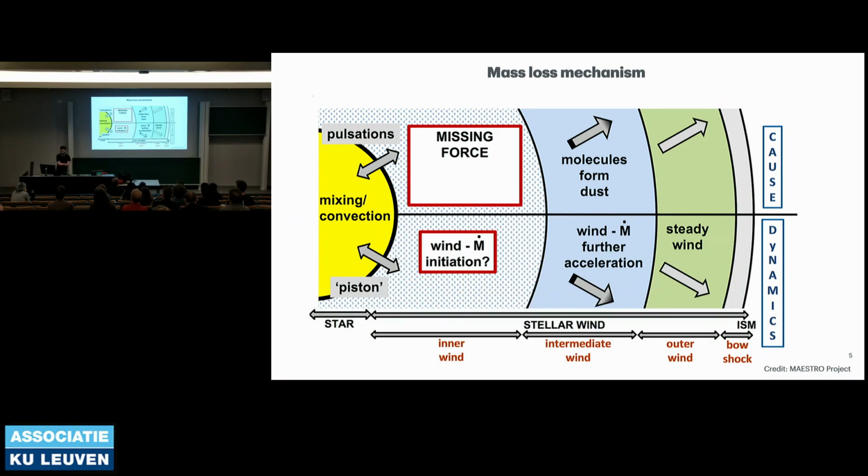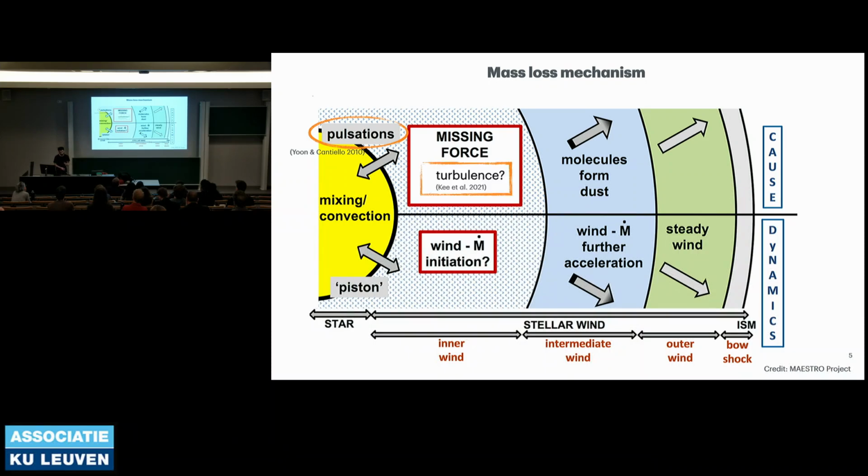So what is the mass loss mechanism of a red supergiant? It's still quite uncertain. Actually, this figure is from a project from this institute. So we know that red supergiants are pulsating, and these pulsations can lift off some material at outer radii where it can go off the gravitational potential.